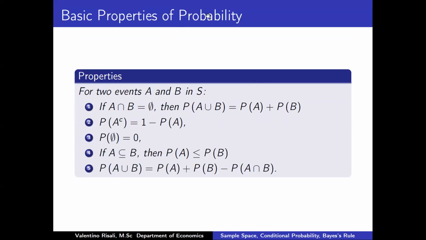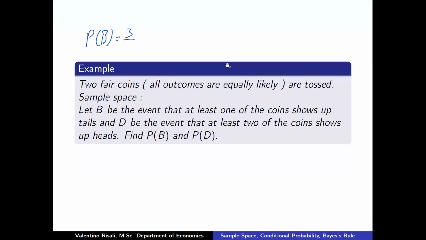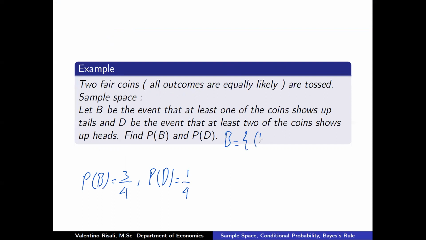For example, let's go back to our previous example. PB is equal to 3/4 and PD is equal to 1/4, and D is HH.